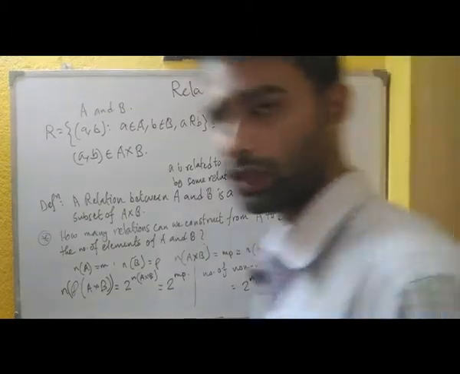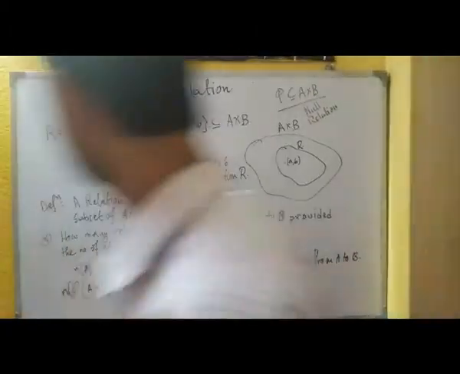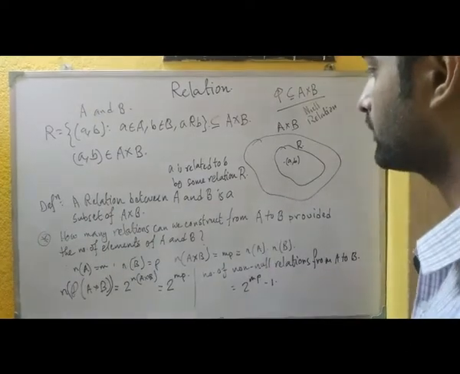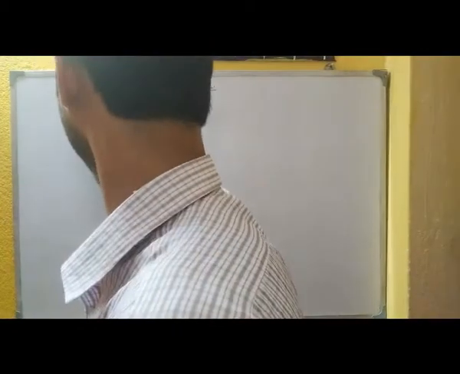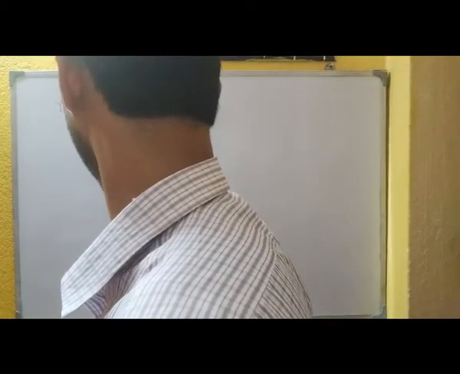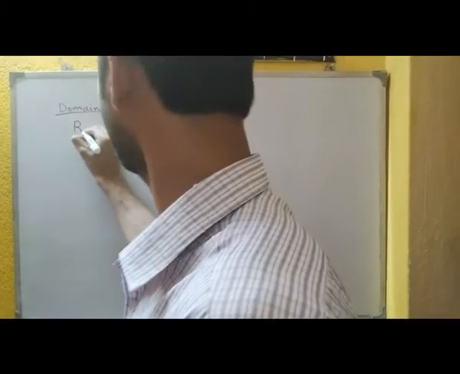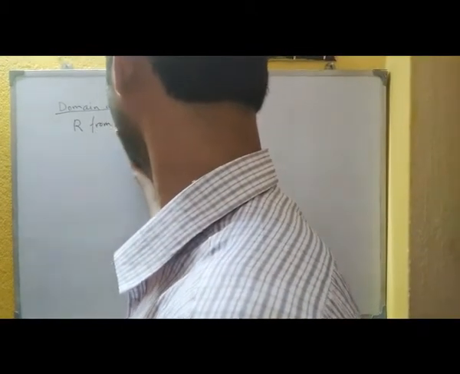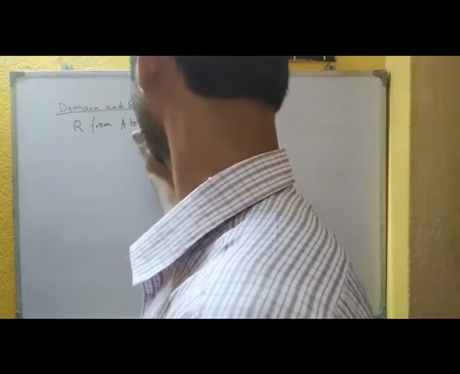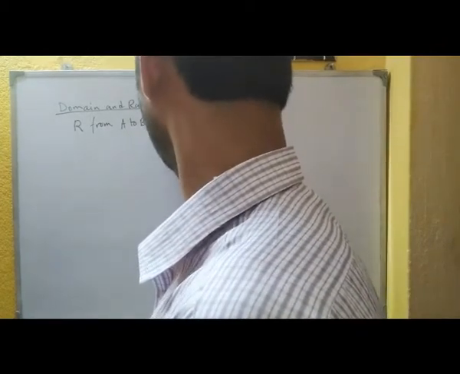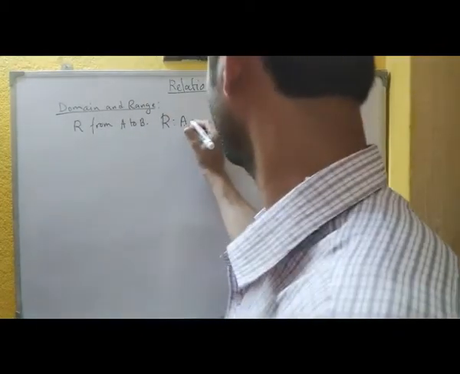Okay. So now we do the domain and range for these relations. So the domain of a relation. Domain and range. So suppose we are considering a relation R from A to B. Symbolically we can write this like this.